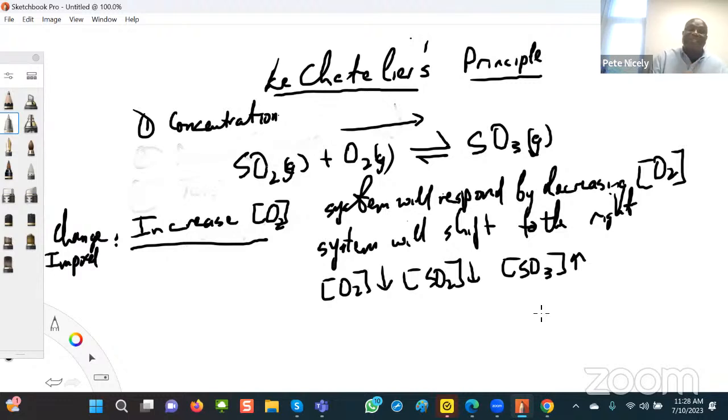The way the system achieves that in this case is by shifting from left to right. So it will favor the formation of SO3, but the concentrations of O2 and SO2 will decrease. And by the way, I forgot to balance this equation here, so let me do that now before I forget.